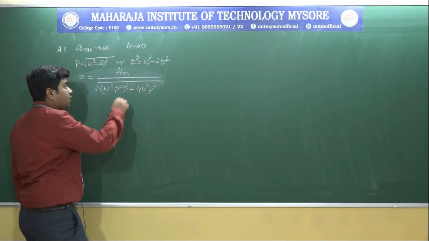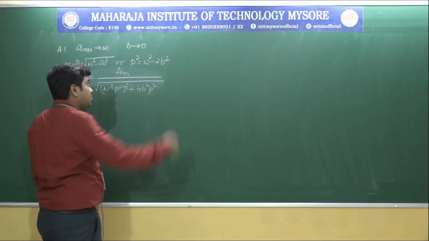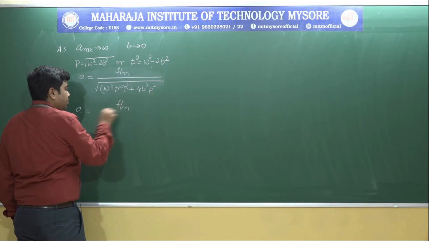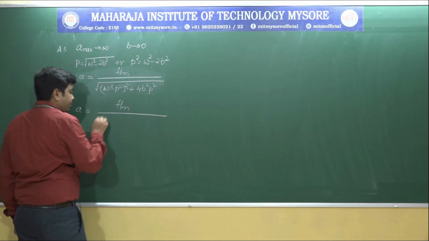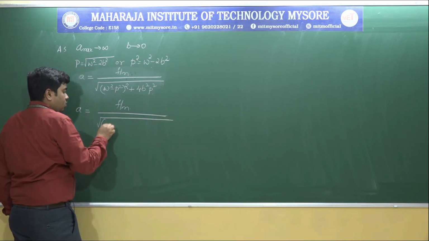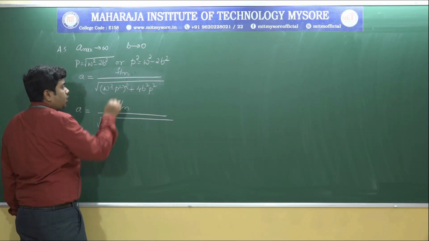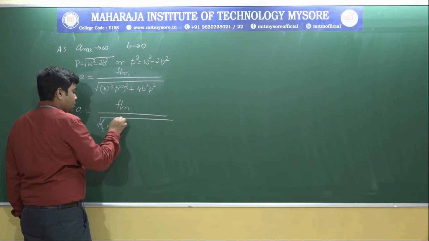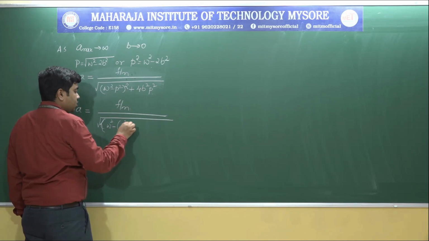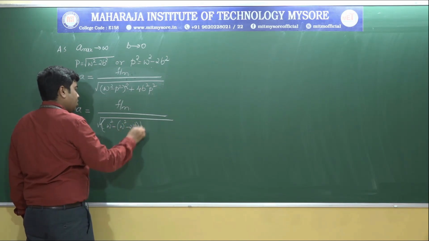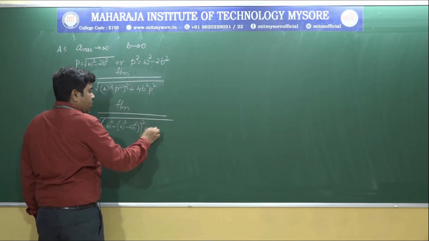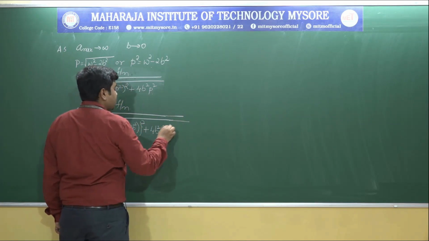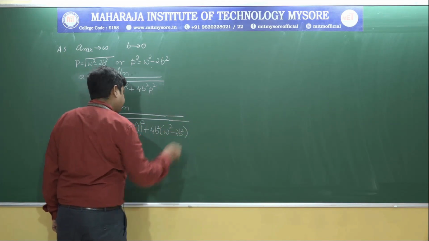Whenever there is p square, we will substitute this value. So, it becomes A is equal to (F by m) whole divided by square root of (omega square minus (omega square minus 2b square)) whole square plus 4b square (omega square minus 2b square).